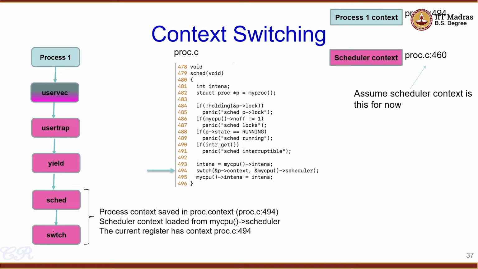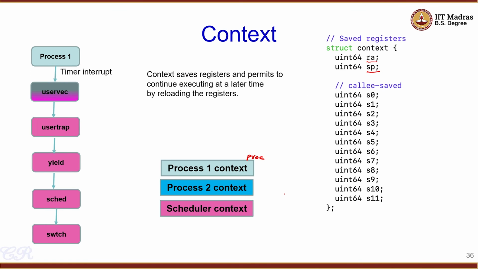Now, the scheduler context is set as follows. The scheduler context, comprising the return address, stack pointer, and the 12 registers, is the same thing.